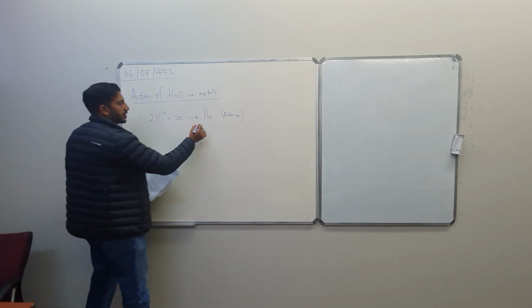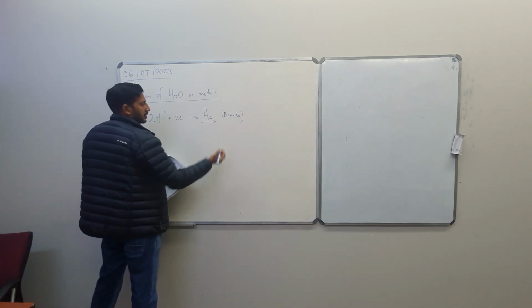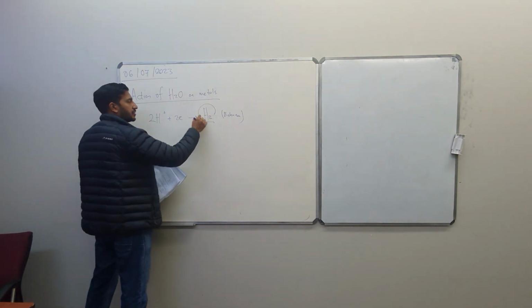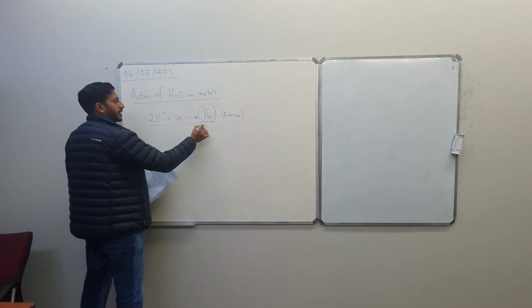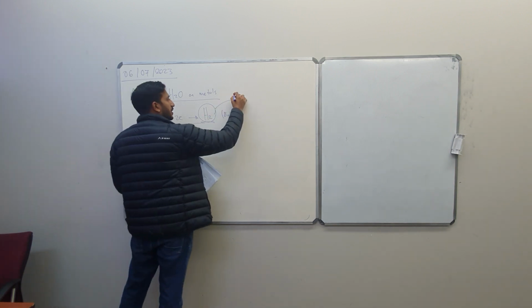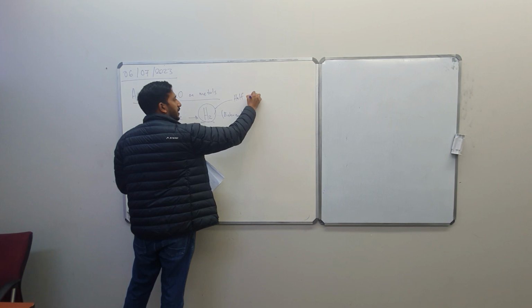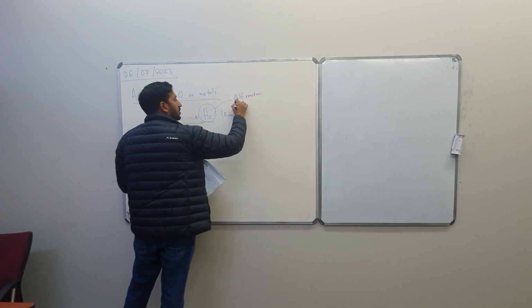So this is basically how we obtain H2. How we get H2 is by using this half reaction. This is found in our half reaction table.